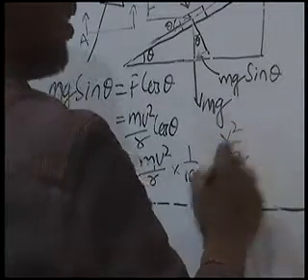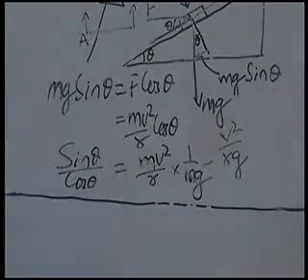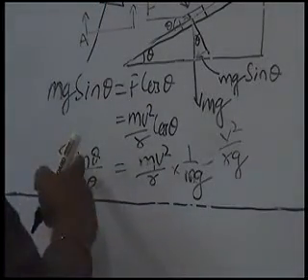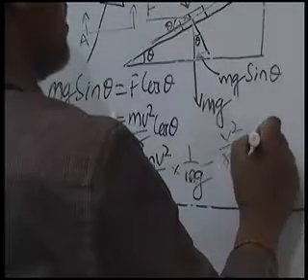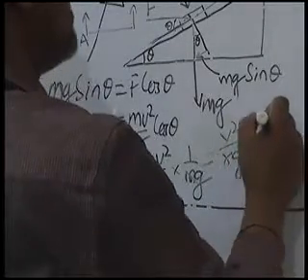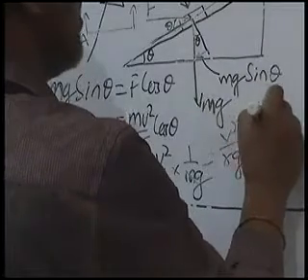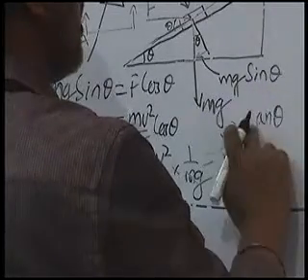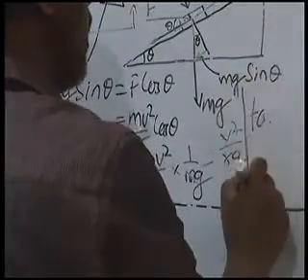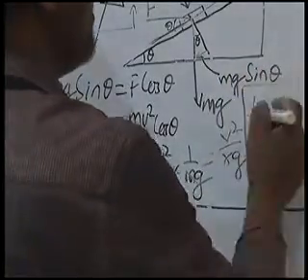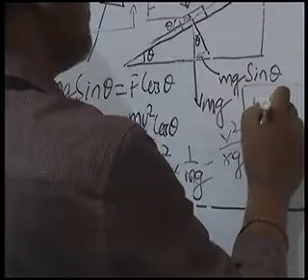And sin theta upon cos theta is tan theta. So finally we get the formula: tan theta is equal to v square upon rg.